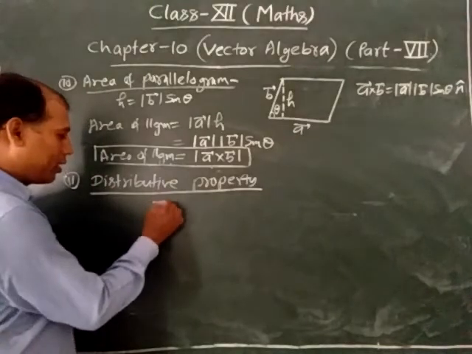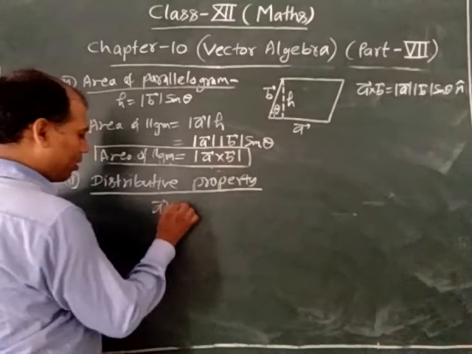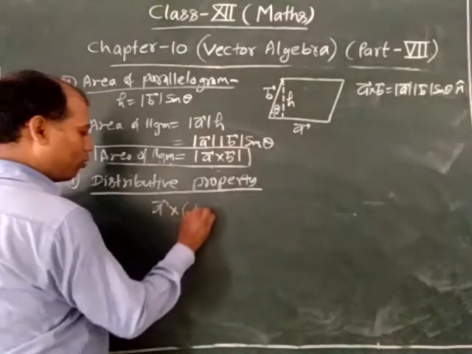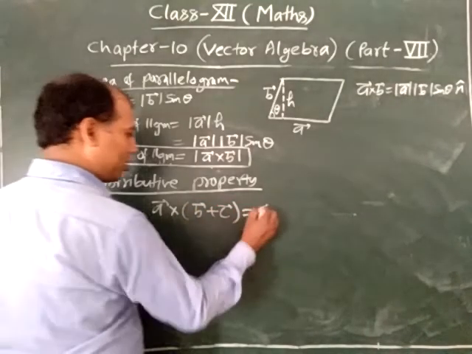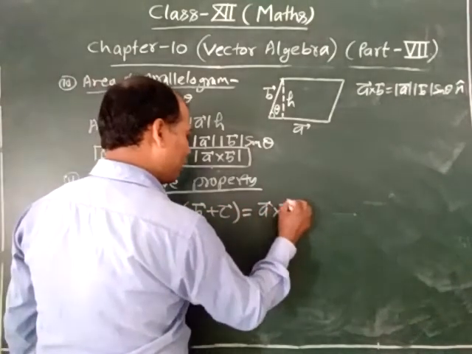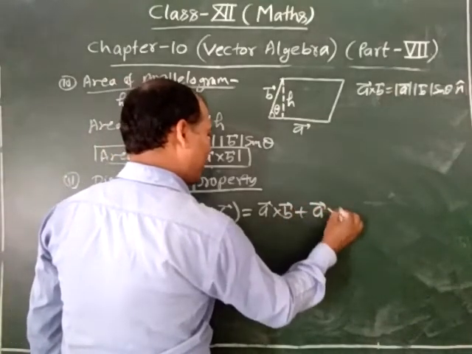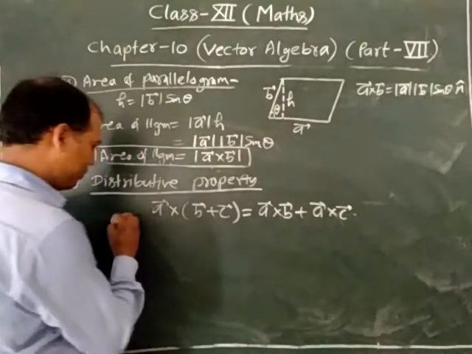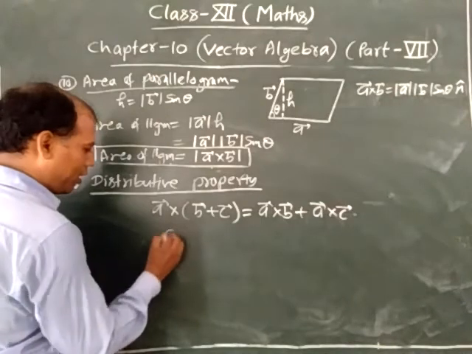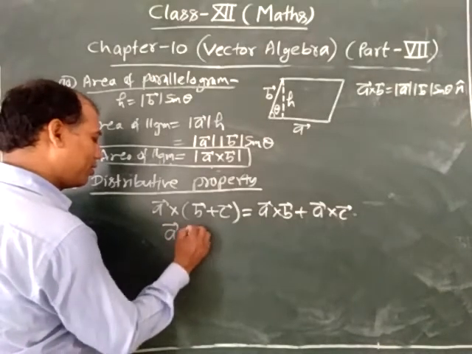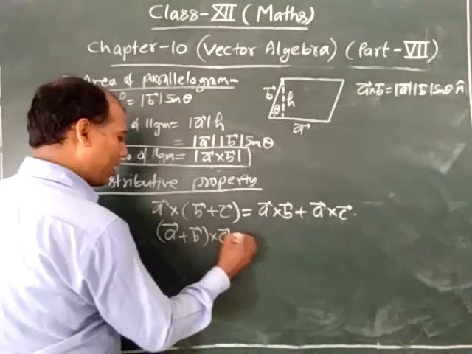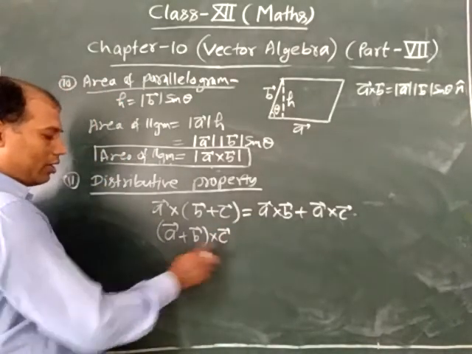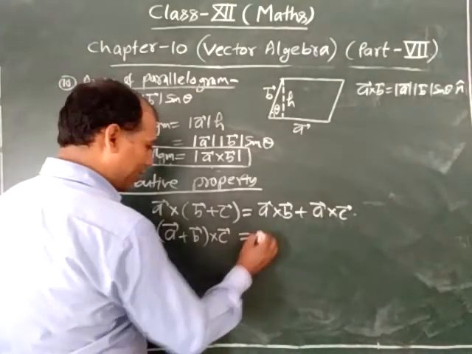In the distributive property, if we cross multiply A with the sum of two vectors B and C, then this is equal to A cross B plus A cross C. Suppose there is a sum of A and B, and after that we cross multiply it by C, then what do we get?